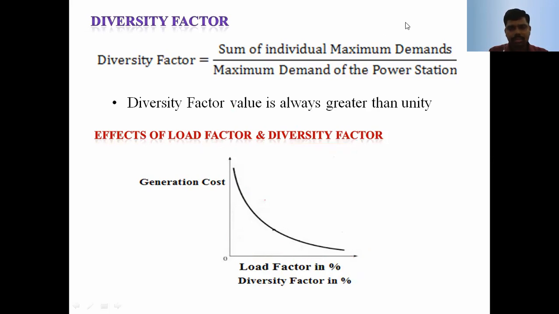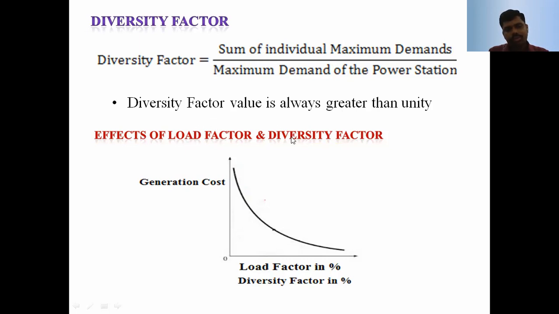Diversity factor is defined as the ratio of the sum of individual maximum demands to the maximum demand of the power station. Here we calculate individual consumer demand with respect to the power plant demand. And the diversity factor value is always greater than unity.